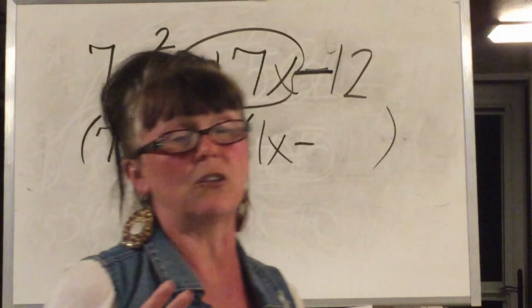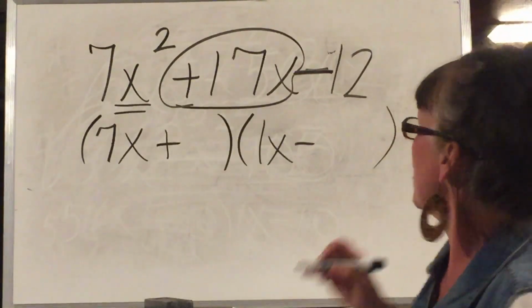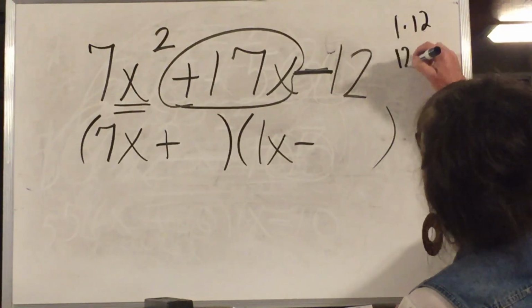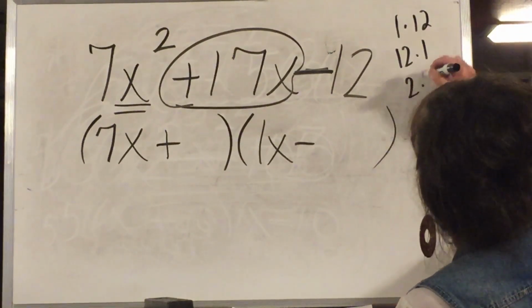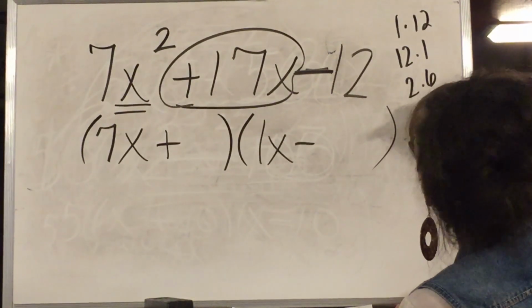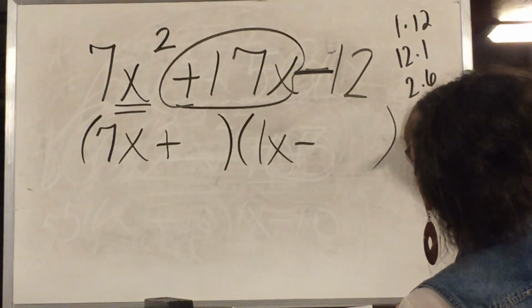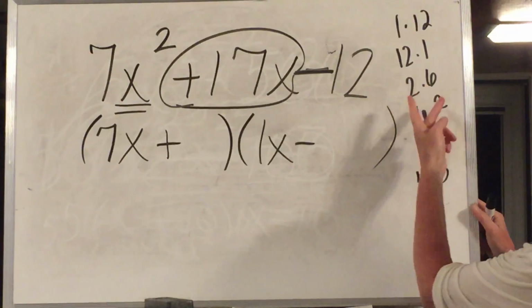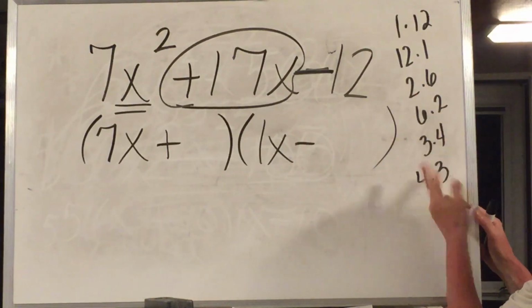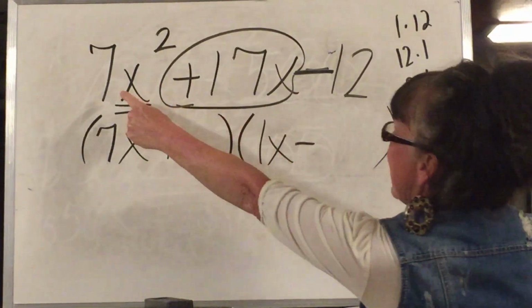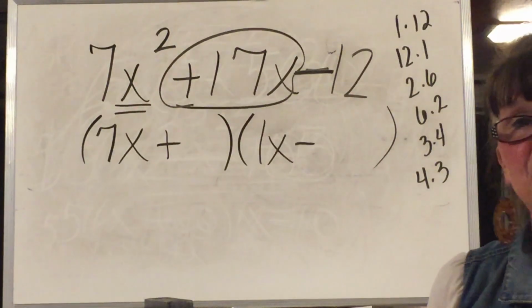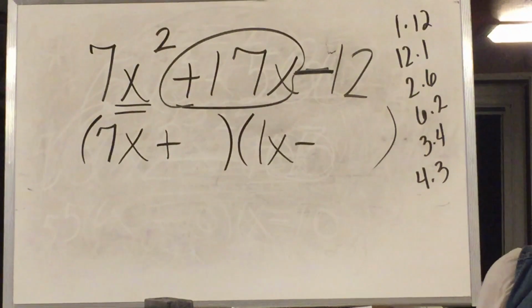2 numbers that give you 12. Okay, well there's several things. So we're going to go 1 times 12, 12 times 1, 2 times 6, 6 times 2, 3 times 4, 4 times 3. Now remember, I had to reverse those, switch them around, because I have that front number, and that's going to give me a different combination when I do inside-outside.